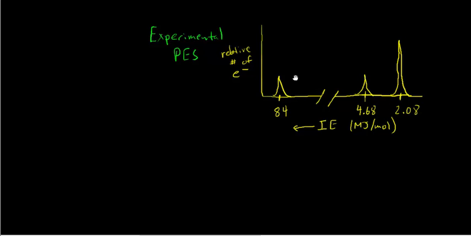Thinking about peak heights, this last peak is about 3 times as tall as these other 2 peaks. So this peak might have a height of 3, this peak a height of 1, and this peak a height of 1.